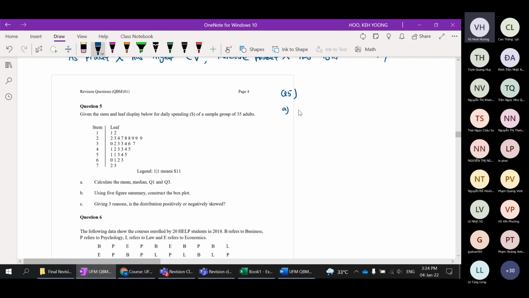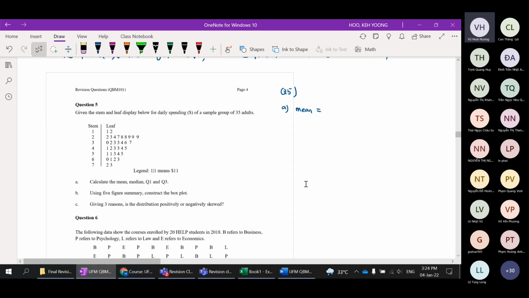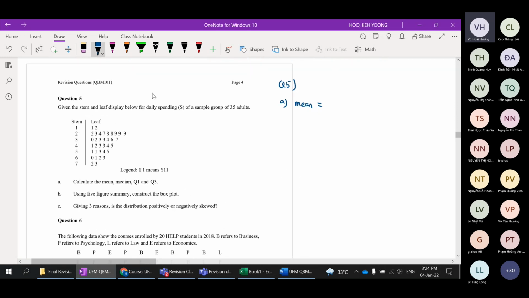To find the mean, you will have to add up all the 35 values. So what are the 35 values? Based on the stem and leaf, you have 11, 12, 22, 23, 27. I'm not going to list out all of them until the last values, 72, 73.